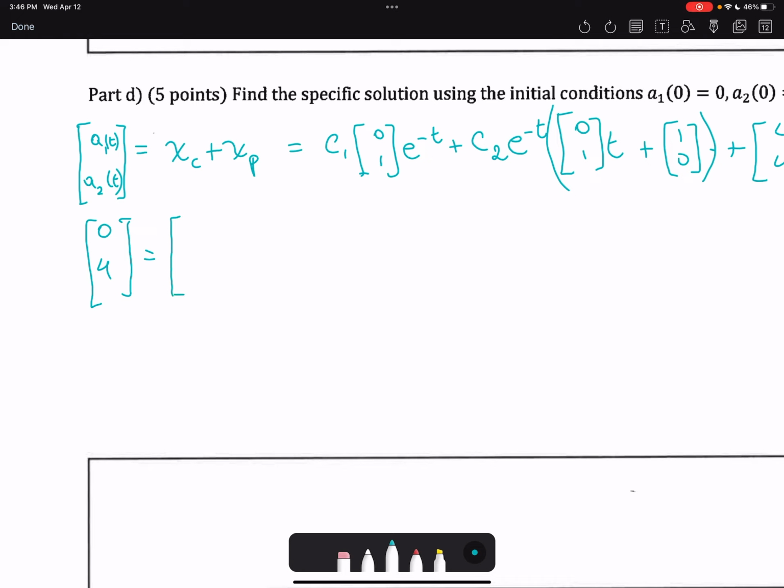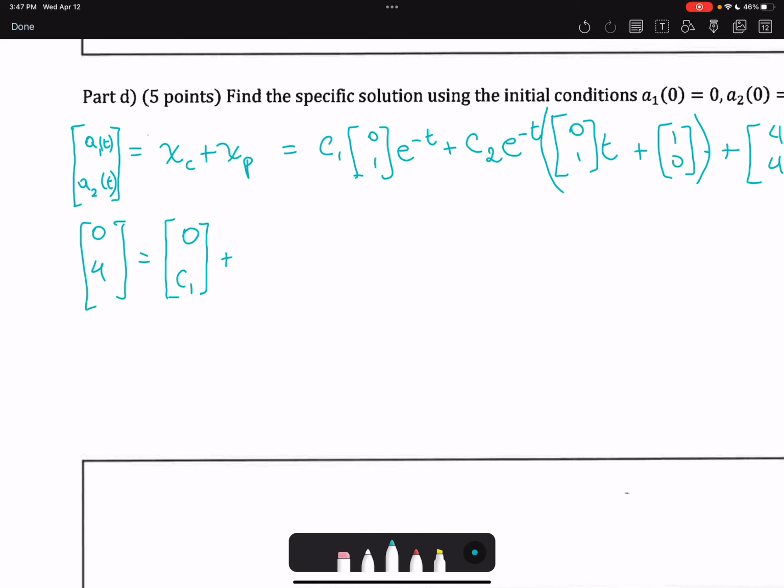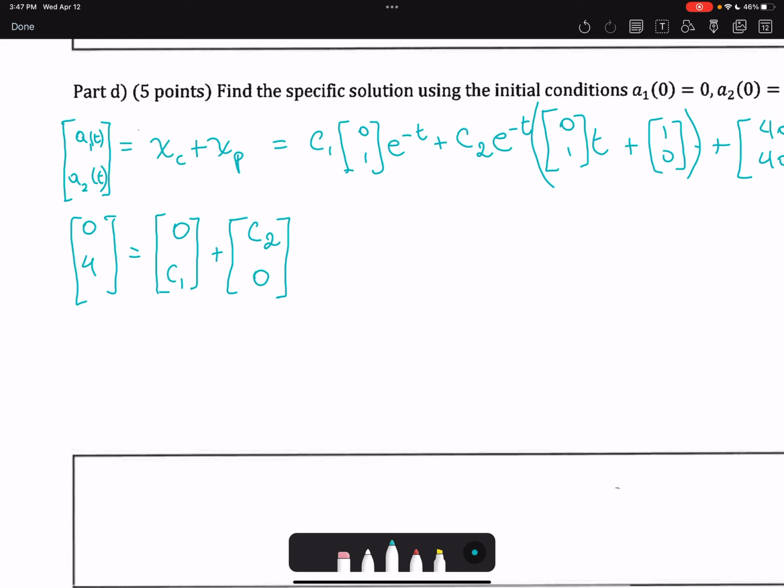So c1 times 0 is 0, so we're going to have 0 here, c1, e to the negative 0, that's just 1, plus c2, this is going to become a 1, e to the negative t, and we have a whole t here, so this whole first term will go to 0, and so we'll just have c2 times 1 and 0, and then we'll have plus 40 and 0.